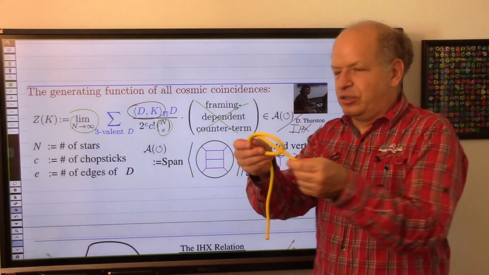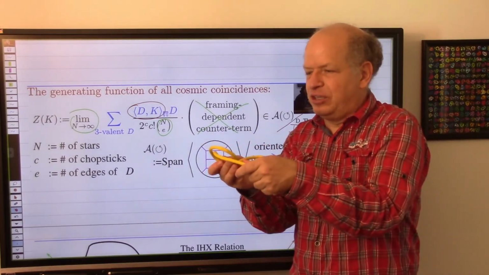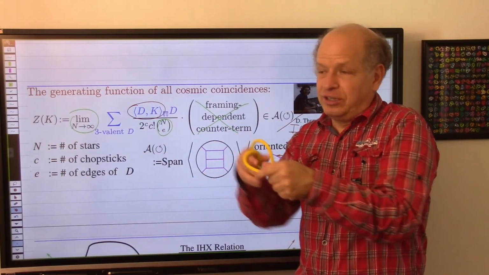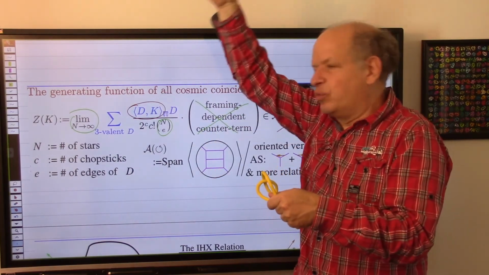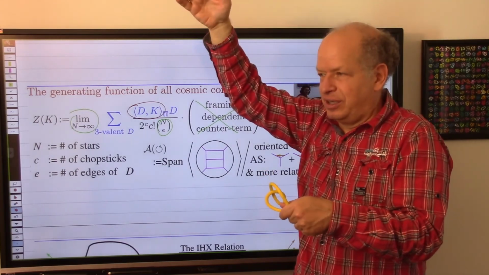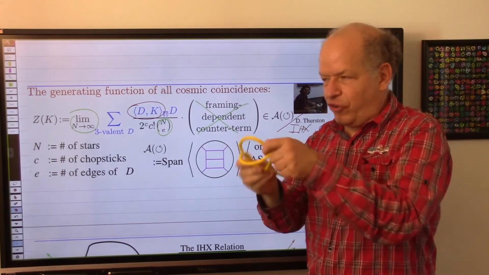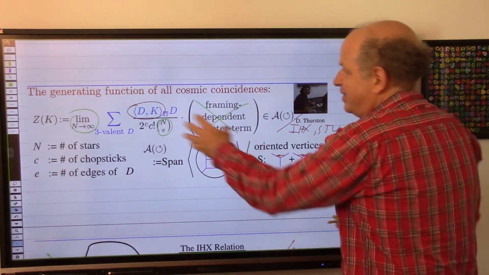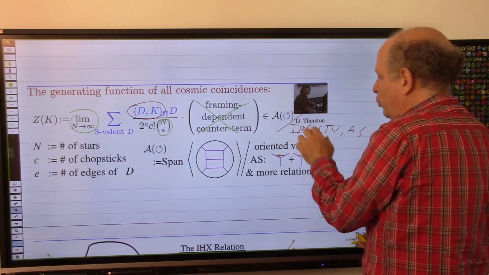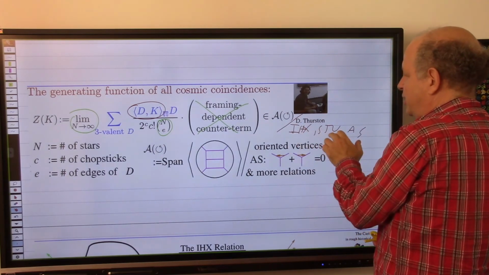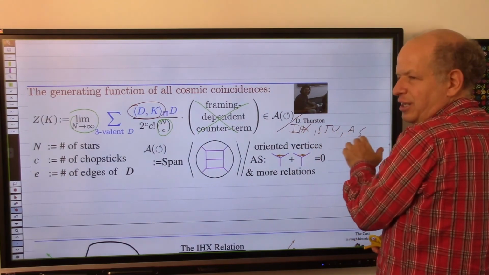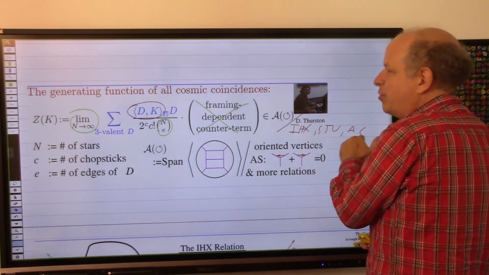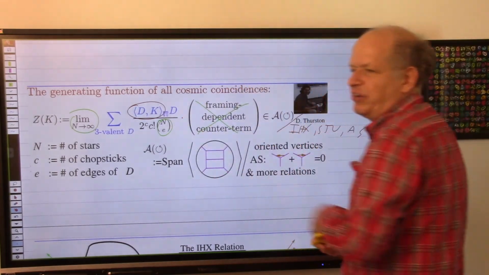It depends on a choice of a specific embedding of the knot. What if I deform the knot a little bit? It depends on the choice of the stars. What if I move the stars a little bit? The claim is that if you deform the knot or move the stars, this sum will change, but it will only change by IHX and STU relations and AS. So basically, once you mod out by the relations, the sum becomes invariant.